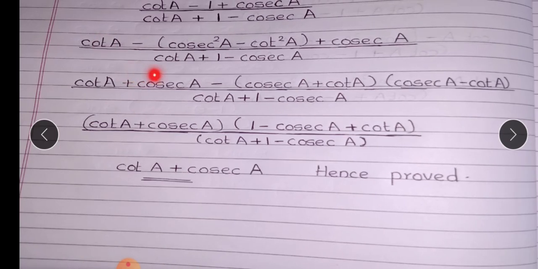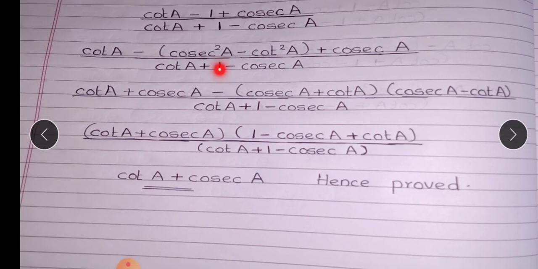Okay. Now taking the common terms. Here cot A plus cosec A. Here also cot A plus cosec A. I am taking that term as common term. So I took cot A plus cosec A outside. So what is remaining here is 1, and in this term you have cosec A minus cot A. Here you have a minus sign.